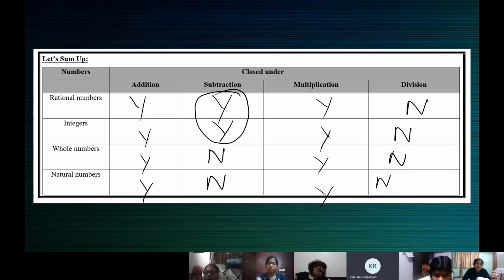Without understanding, if you memorize this table, yes, yes, no, no, that's not right. But now we have taken examples. We have seen what is meant by closure, associativity, commutativity. So now it's okay to remember like this. I'm repeating it.